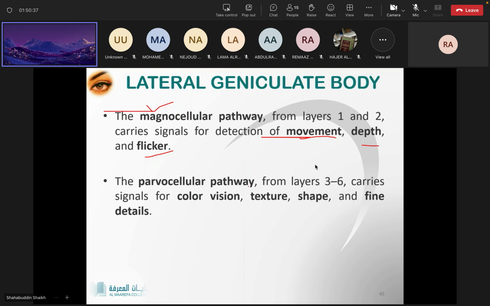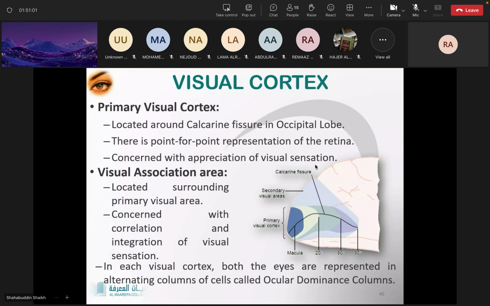The details of the vision are carried by the parvocellular pathway: the color of the object, texture, shape, and other fine details. This is very important for our exam again. Please remember the magnocellular and parvocellular pathway functions. Let us go ahead.